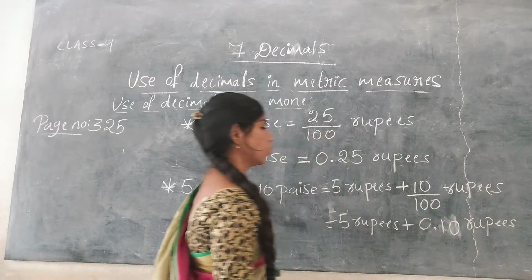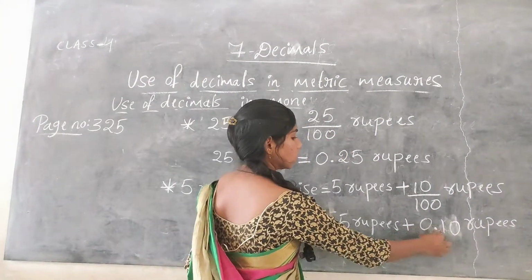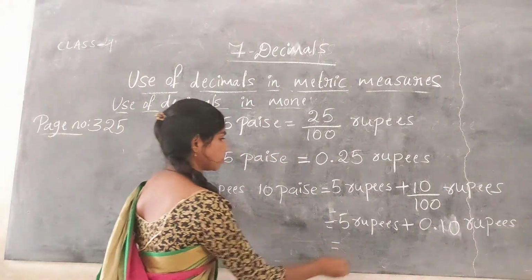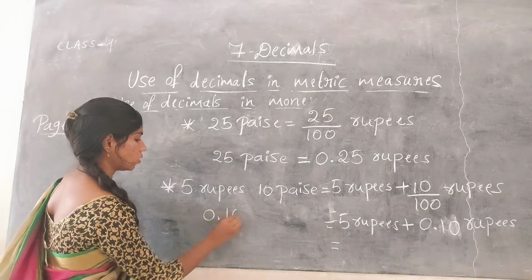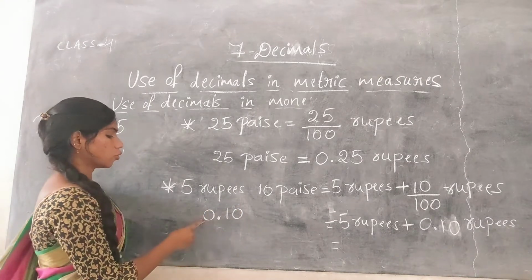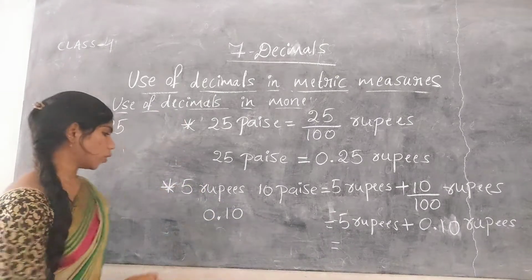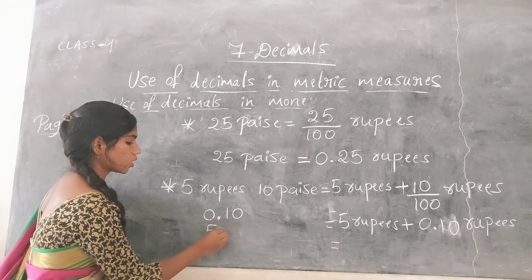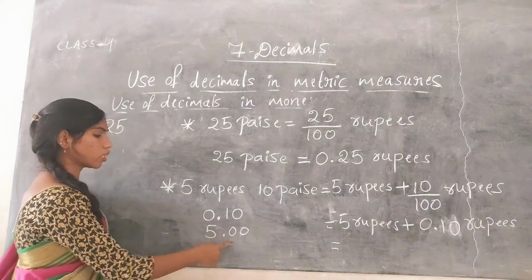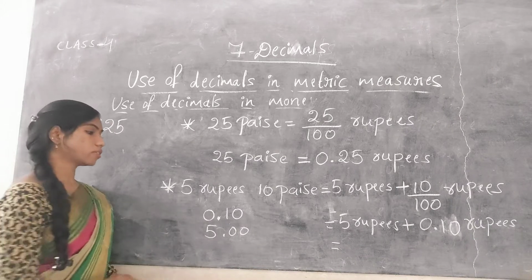Now add 5 rupees and 0.10 rupees. The 0 is the whole part and 5 is also in the whole part. So this 5 we can write like this also, 5.00. Only 5 and 5.00 are both the same.